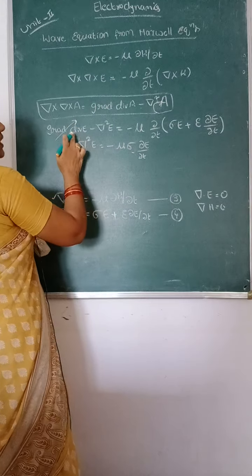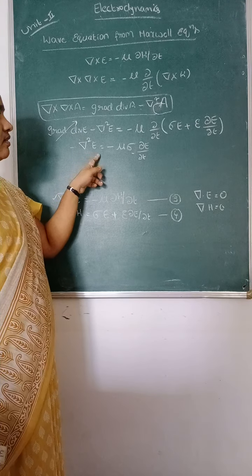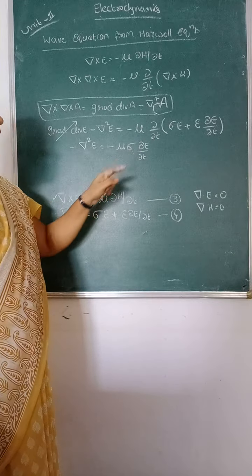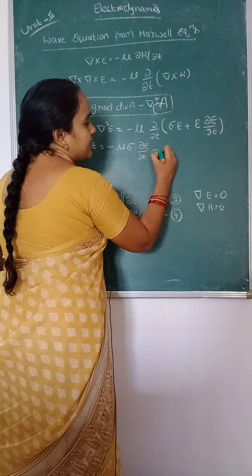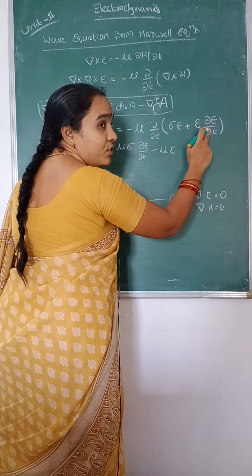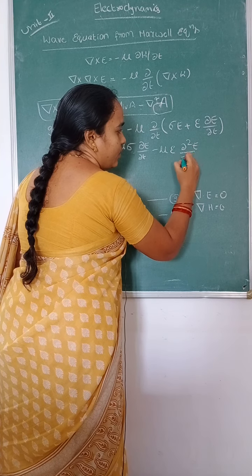From this equation, this term goes to 0. Minus del square E is equal to minus mu sigma dou E by dou T minus mu epsilon dou by dou T of dou E by dou T, that is dou square E by dou T square.